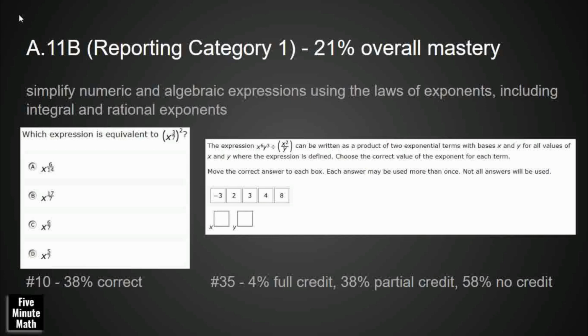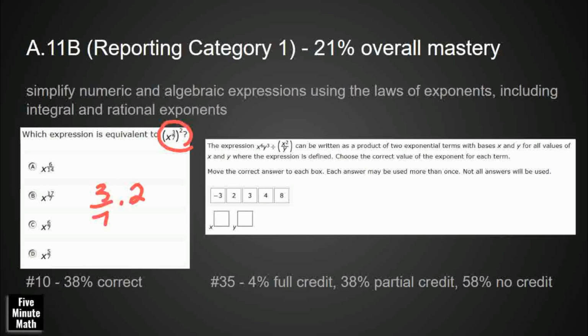And we see here on number 10, we've only got 38%. The issue really is we're taking the power of a power, but what if one of those powers is a fraction? Really, this is what we're asking them to do. We're asking them to multiply 3/7 times 2 because our mathematics reference materials let us know that the power of a power means you multiply them.